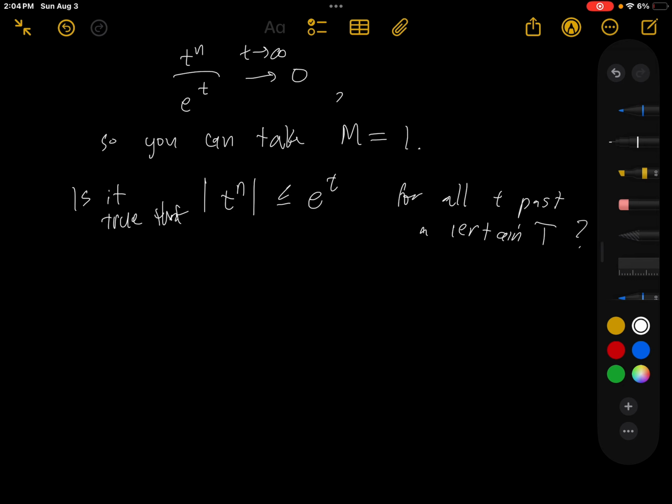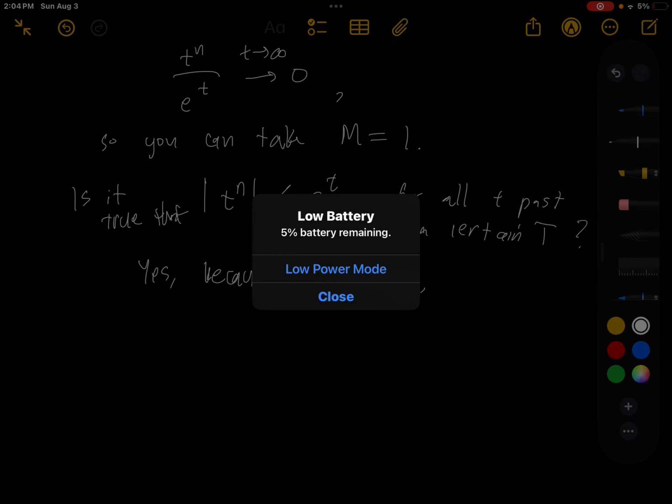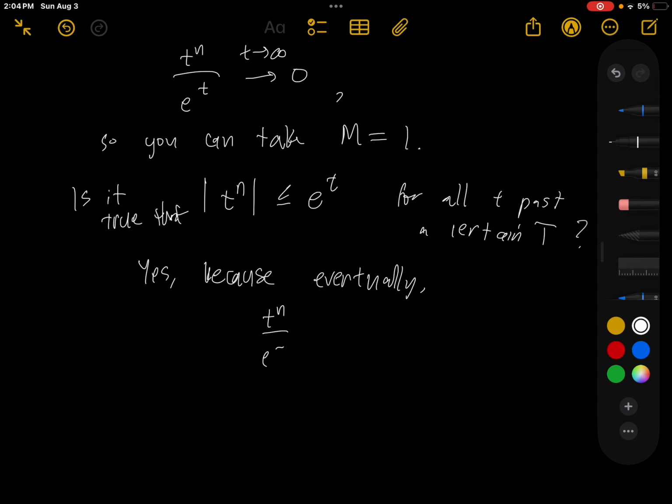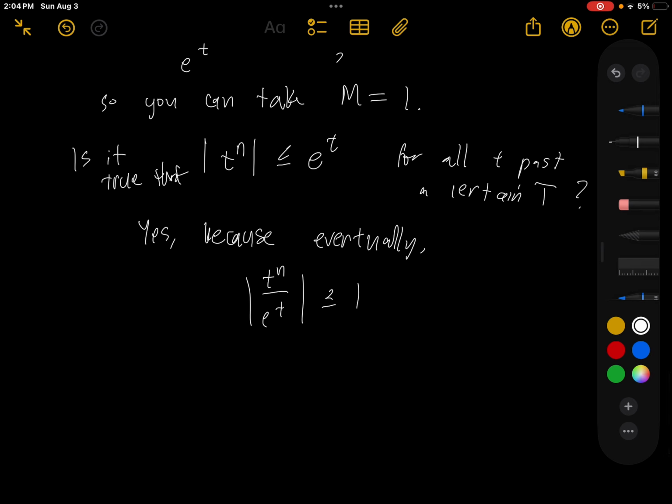Well, yes, because eventually this t to the n over e to the t is going to be bounded by 1. Because it's approaching 0, so eventually it will always be below 1. So then the absolute value of t to the n is less than or equal to the absolute value of e to the t, which is just e to the t.